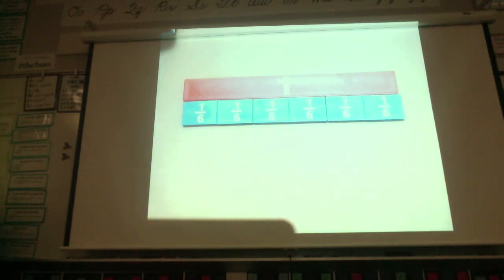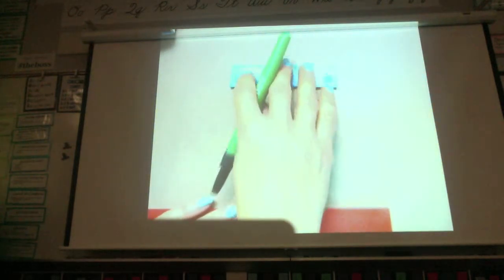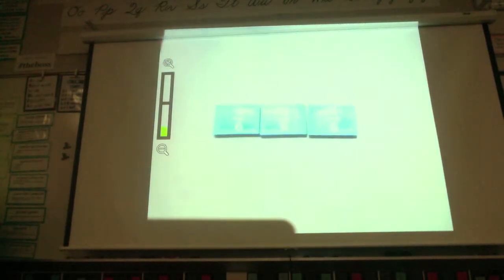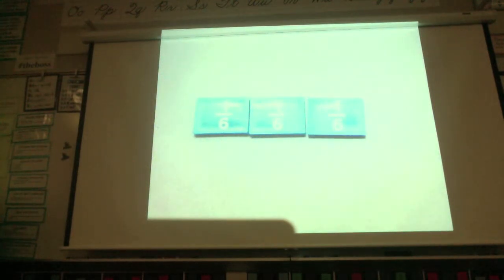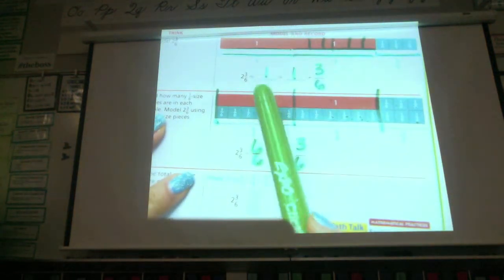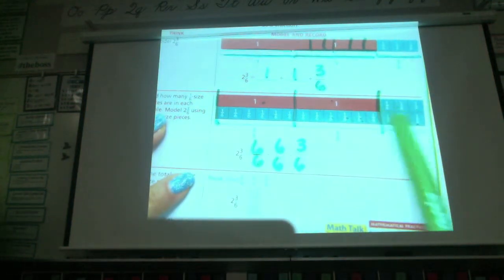Imagine your one whole and their one whole, and imagine my 3/6. So you have their one whole, your one whole, and my 3/6. Would it look something like this? Yes. Your one whole, their one whole, and my 3/6 right here.